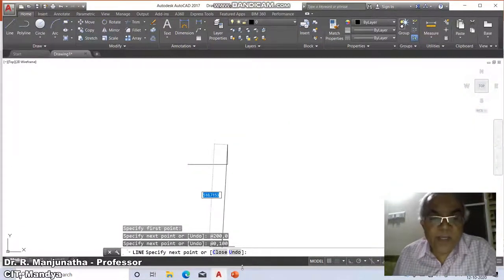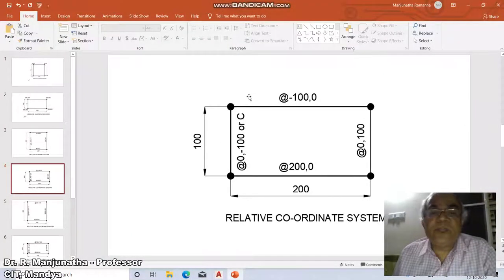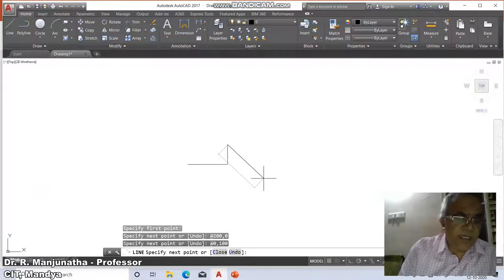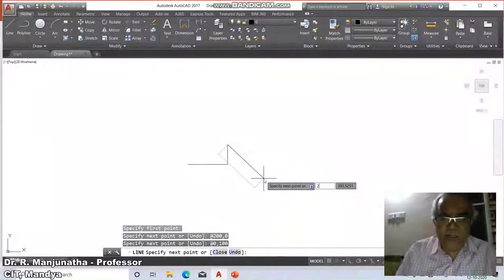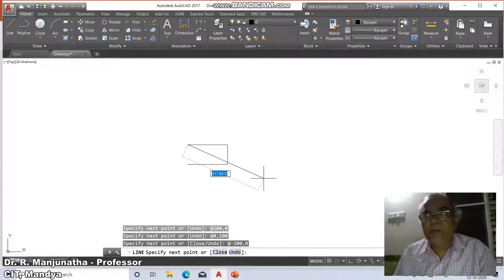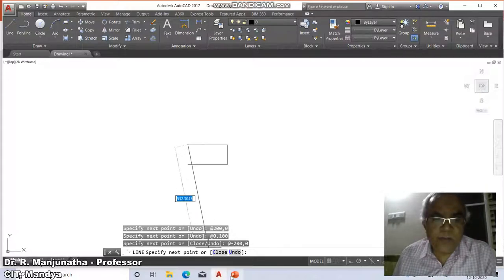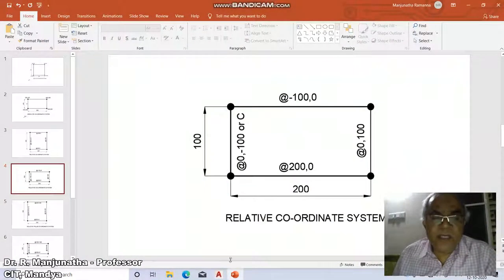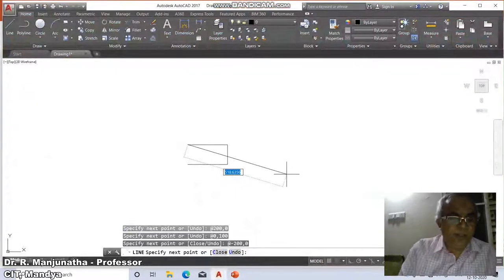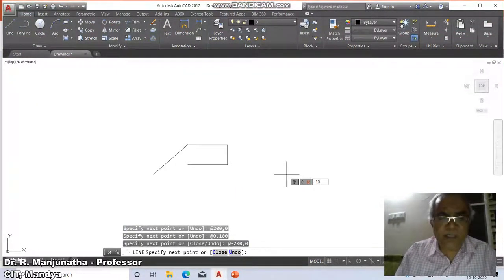Rectangle. Again, what is the position of this point with reference to this? You are moving in the second and third quadrant, so opposite to the direction of the UCS x-axis. So here it will be at the rate minus 200, 0. Then we have this option again at the rate 0, minus 100.